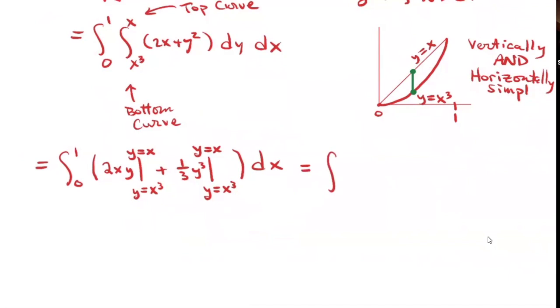A little algebra is going to be required here to clean up. So we've got this 2x, and then there's a y that is x, minus a y that is x to the third. And then plus 1/3, and then there's a y that is x minus a y that is x to the third.